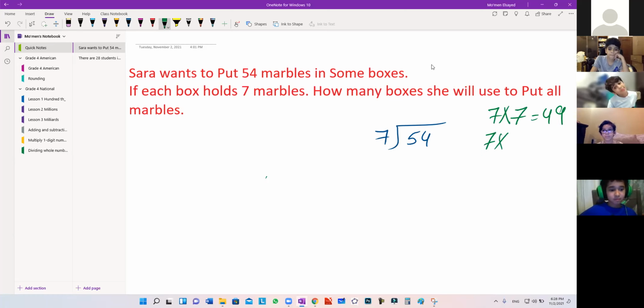Of course, 7 multiplied by 8 is 56, but 56 is greater than 54, so we can't take it. You have to take the closest number that is smaller than 54.